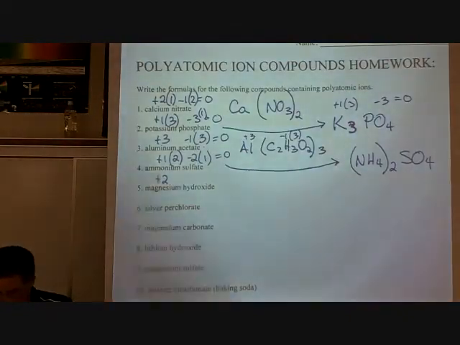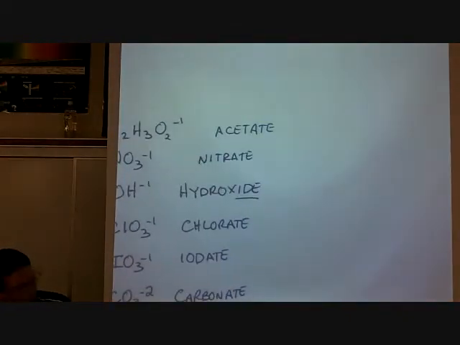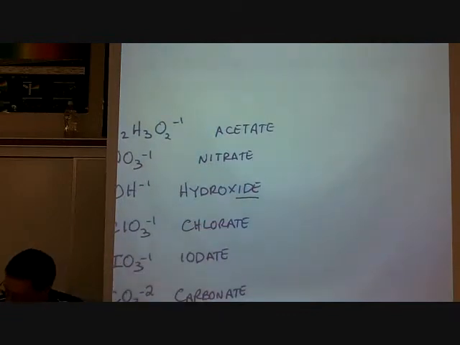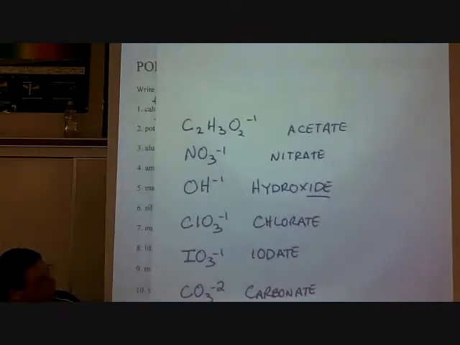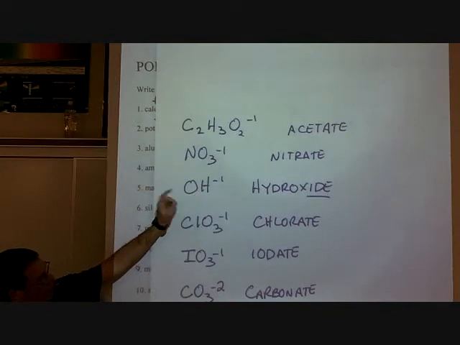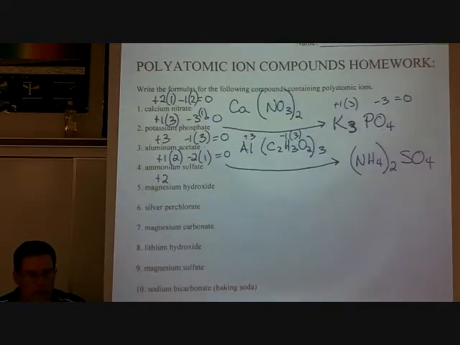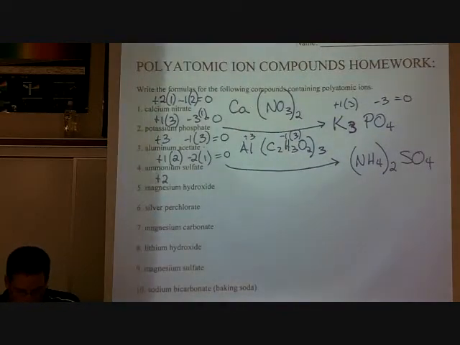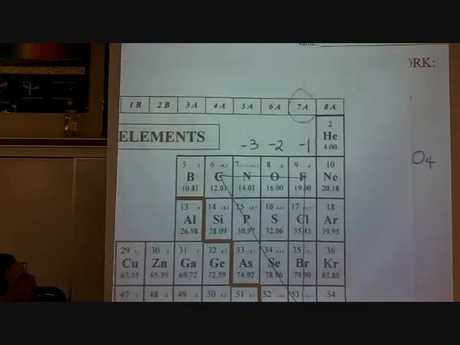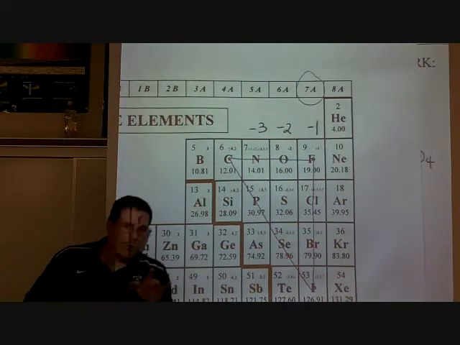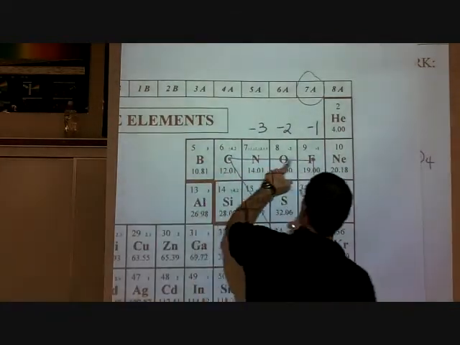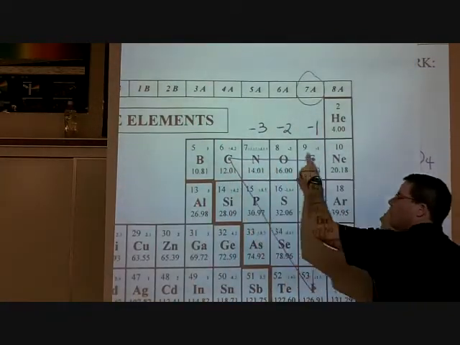Hydroxide is that mean polyatomic that ends in IDE. Okay, so it's the OH. Hydroxide. It's our only polyatomic that ends in IDE. And sometimes we might get confused and think, oh yeah, it's going to be one of these nonmetals in the nonmetal triangle. But here's the way to remember that. Hydrogen does not appear over here.